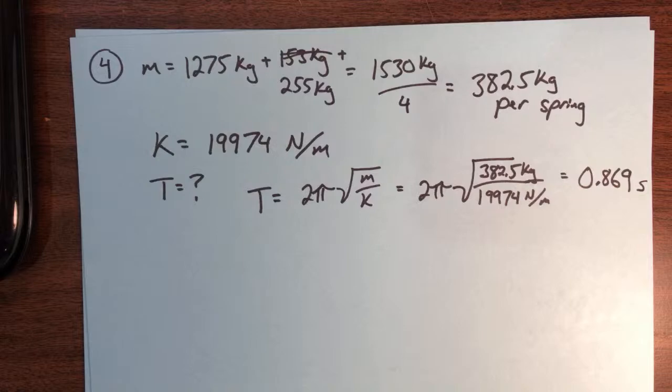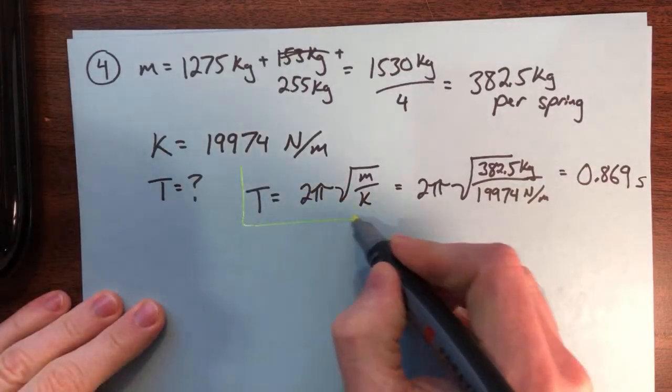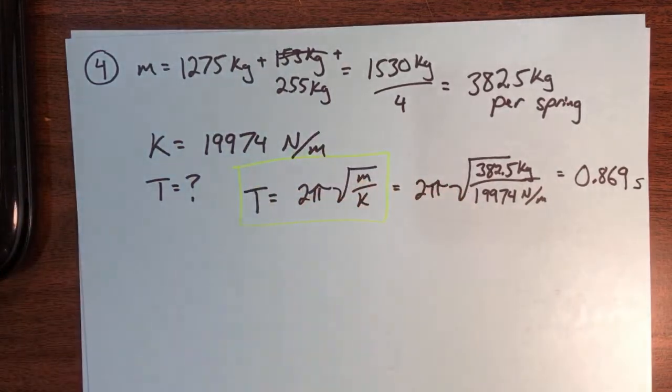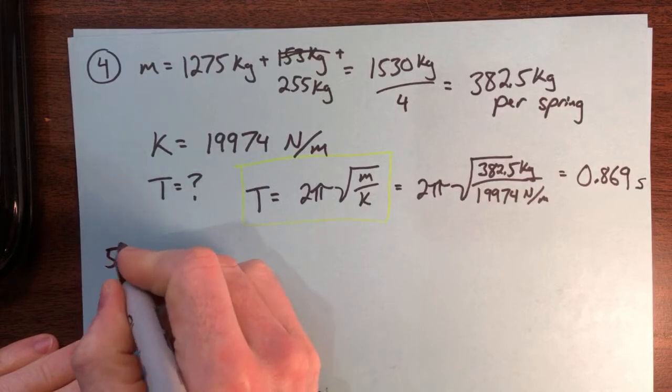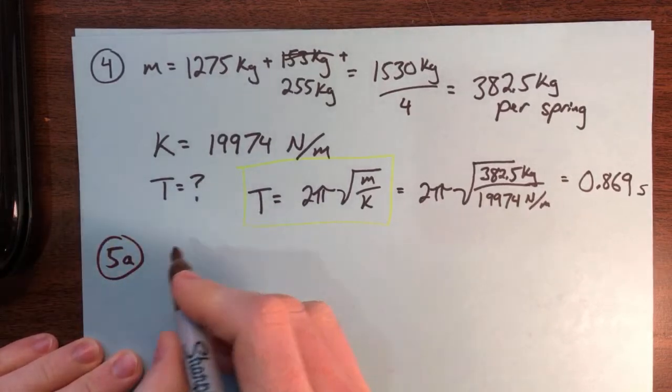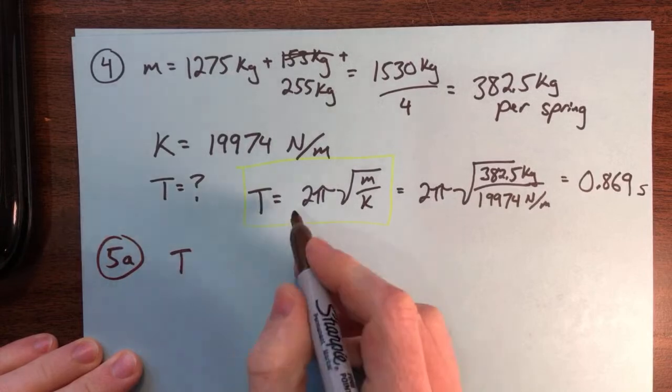Anytime we're calculating the period, what we're going to do is we're going to use this equation right here, right? And I'm going to go ahead and work through 5a, and then we can just compare answers for B and C because they're all going to be worked out the same exact way. Okay? So 5a, we have this equation, right?